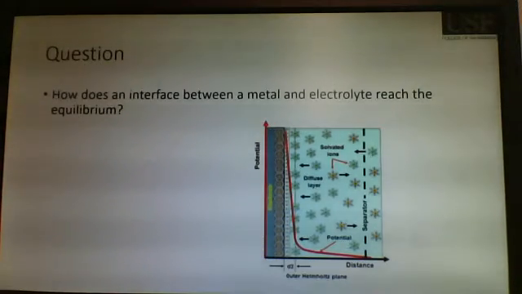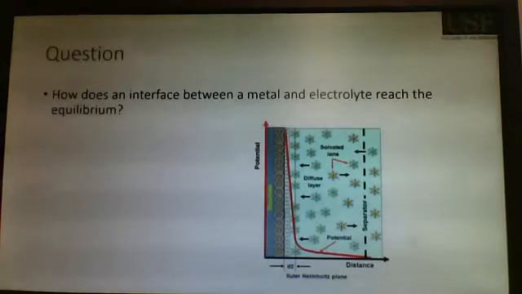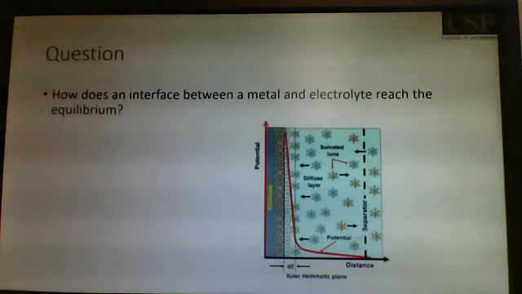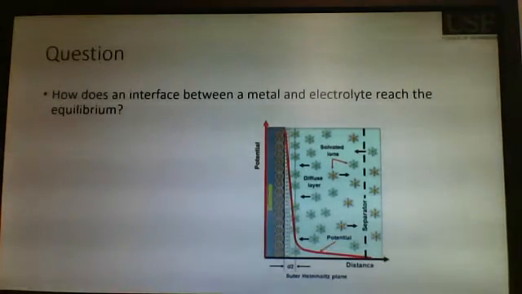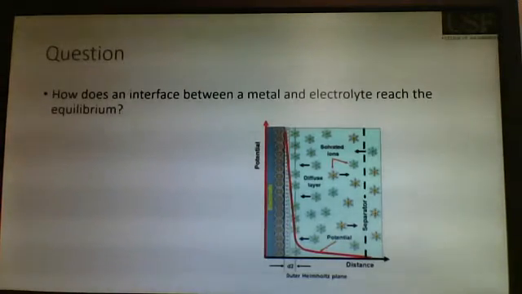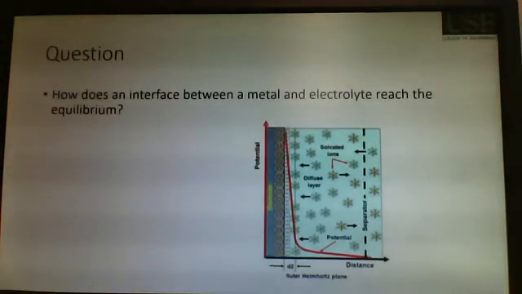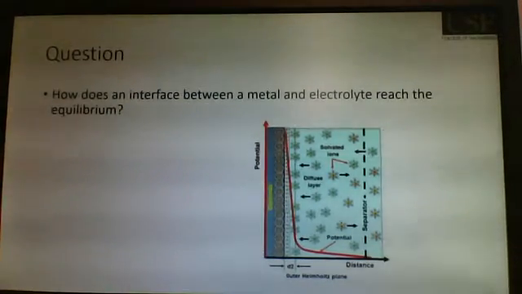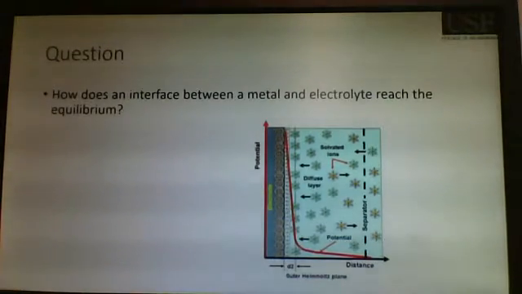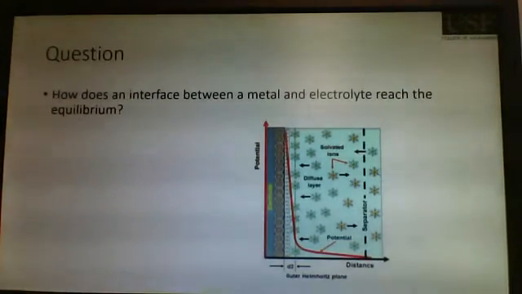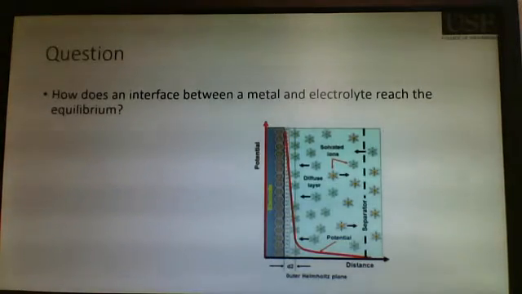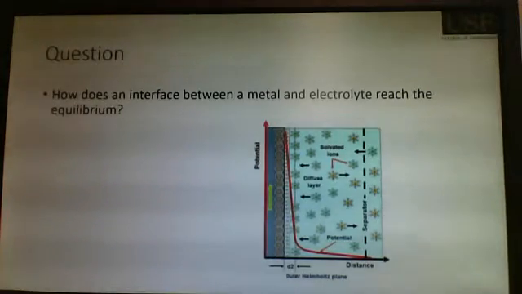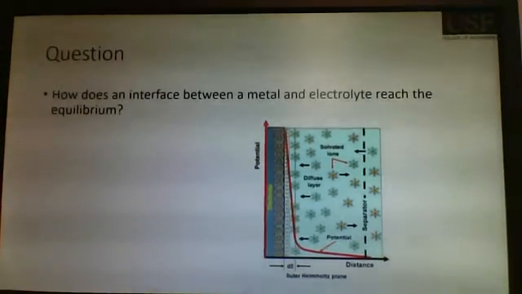But before getting to the semiconductor part, I would like to bring up this point: if you have a metal electrode, and assuming that the metal electrode's Fermi level is the same as the electrochemical potential of a redox material in an electrolyte, of course, when we insert the electrode into the electrolyte, we do not expect anything to happen because the energy across the junction is the same.